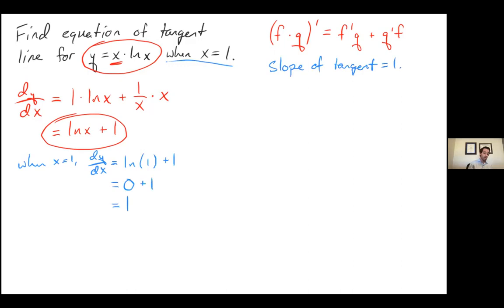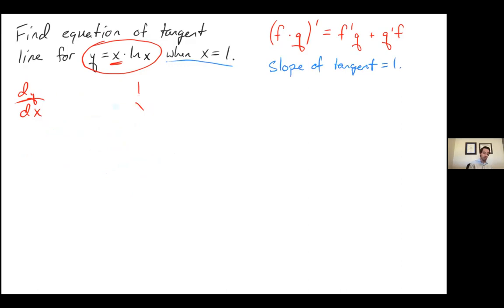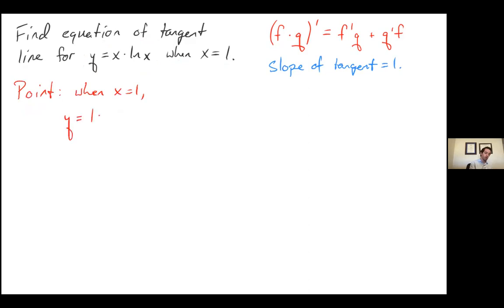Okay, this is half the battle, and it's the hard part. The rest is not calculus, it's just algebra. Because now that we have the slope, that's the part where we use the derivative. Now we just need the actual point that it goes through. When x equals 1, y equals 1 times ln of 1.